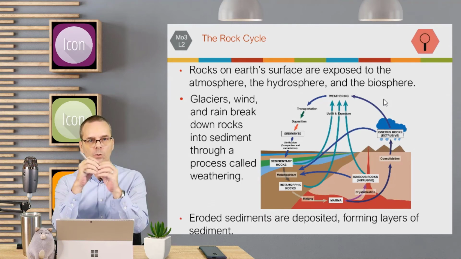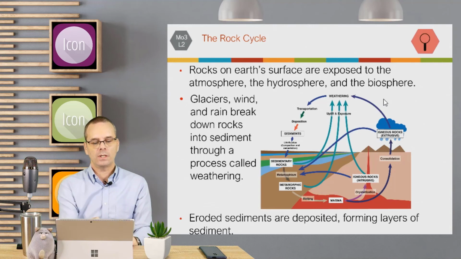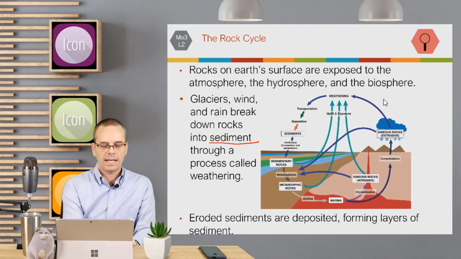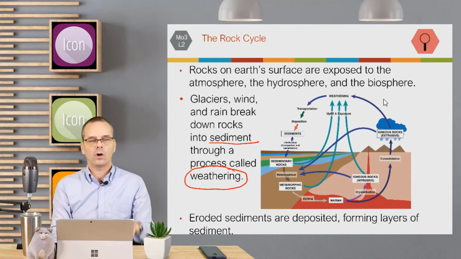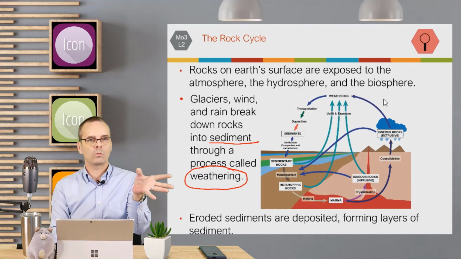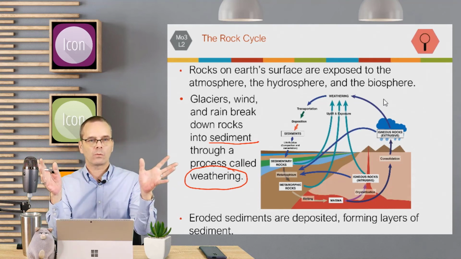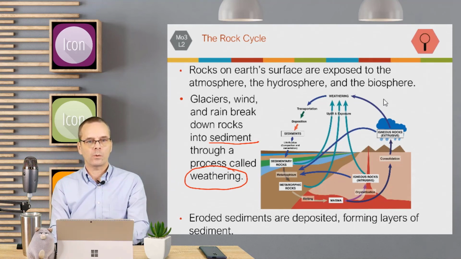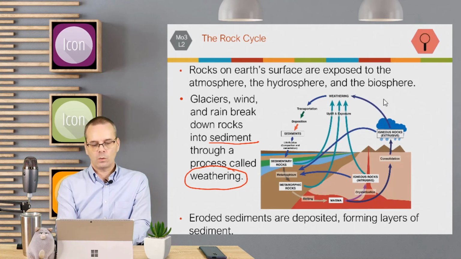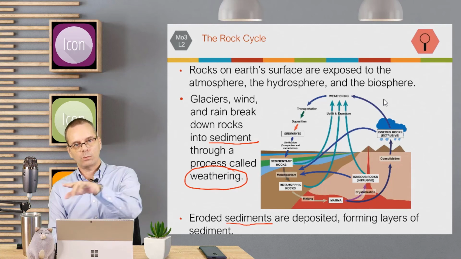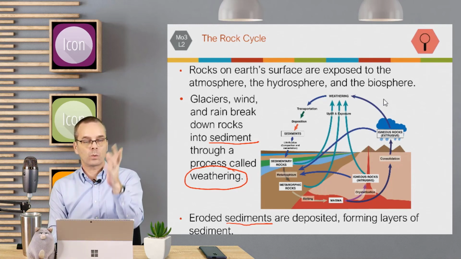It breaks the rocks apart into sediment, and this process is called weathering. All these winds and frozen water and rain and snow just break apart the rock, and we say, that's weathering.